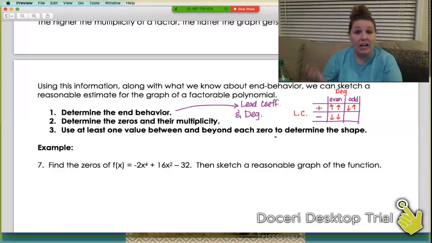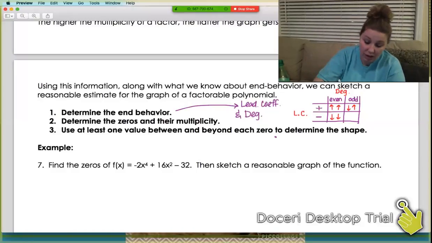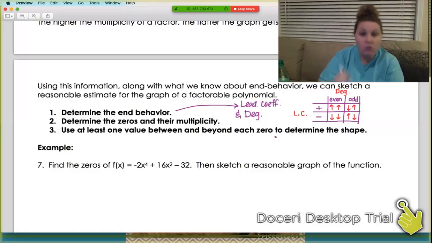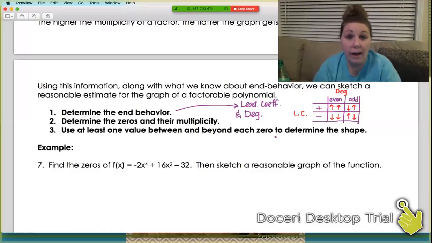And if it's odd negative, that does the opposite. So odd negative, the last one goes down, so the first one starts up. You can look back in your notes from the beginning of chapter 4 on end behavior if you need to. But that's the first thing we're going to look at, what is the end behavior.